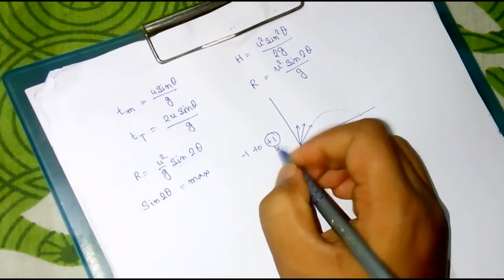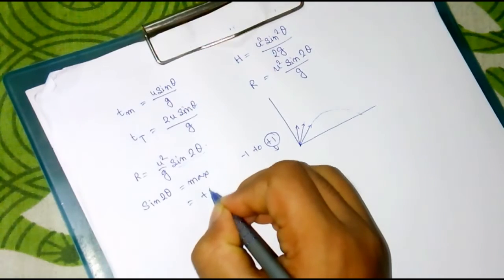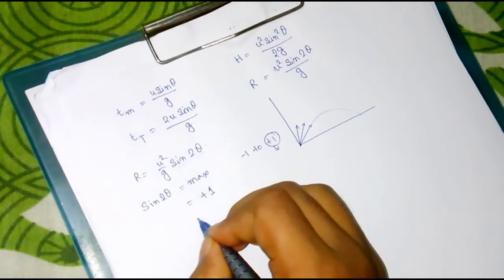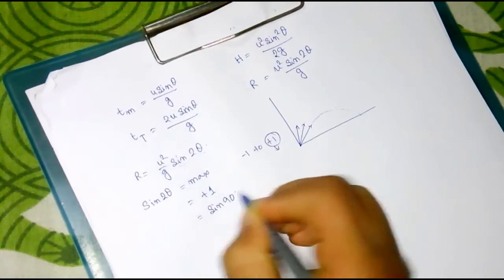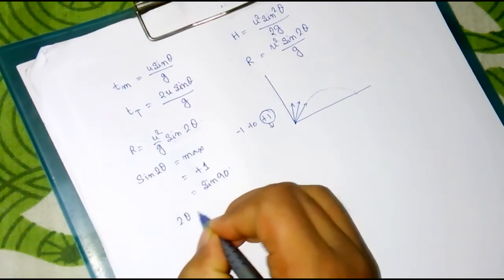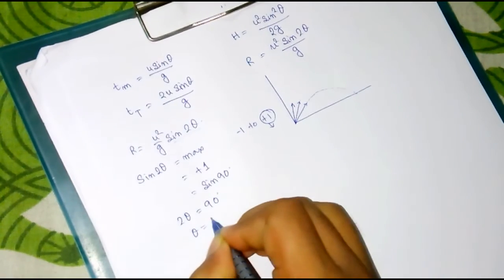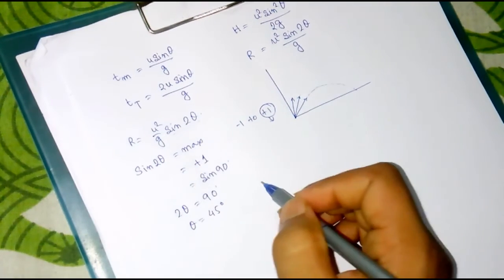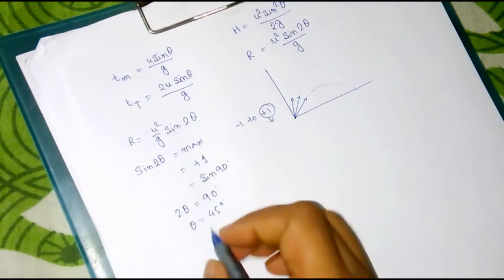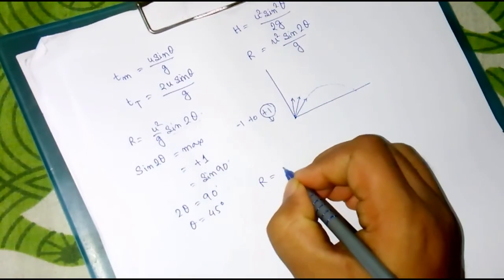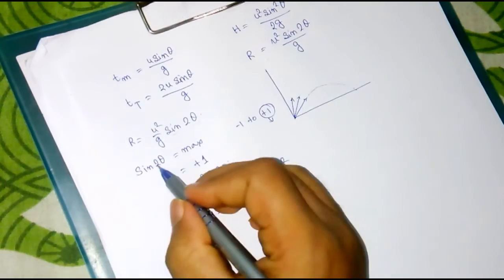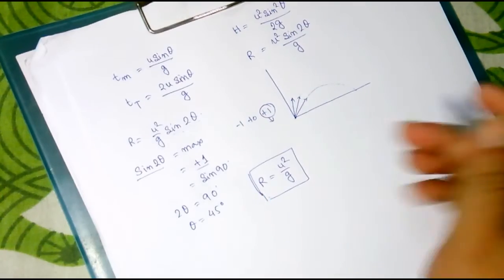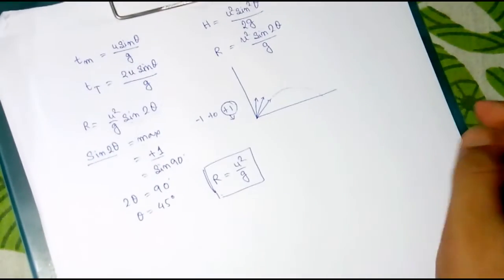Sin is +1 at 90 degrees, so 2 theta is 90 degrees, and theta is 45 degrees. So at a 45 degree angle the range is maximum. If you put sin 2 theta equal to 1 here, you get r equals u square by g. At a 45 degree angle, the range is maximum.